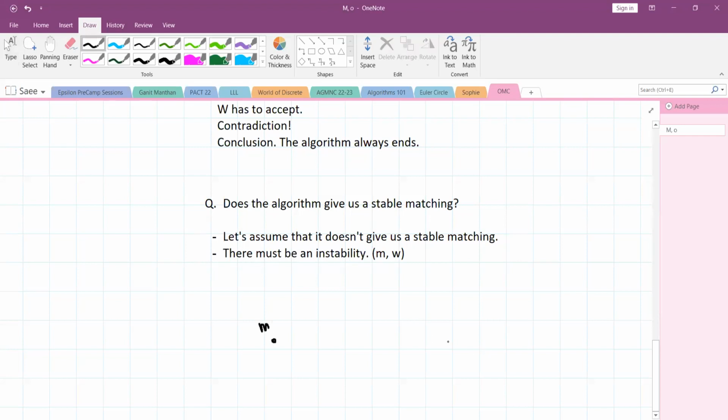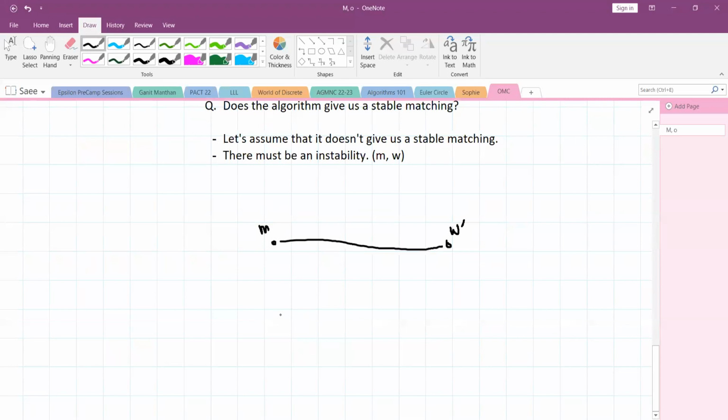Let's say this is M, and let's say M is paired with W prime currently, in the output of the algorithm. And let's say this is M prime, who is paired with W in the output of the algorithm.